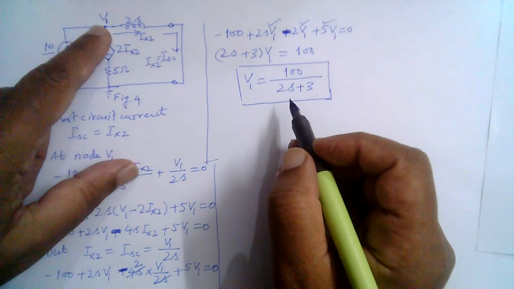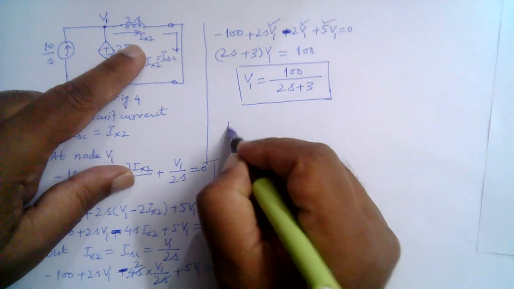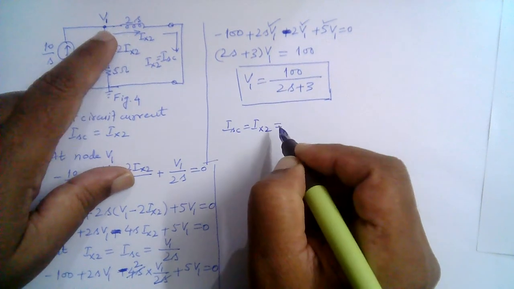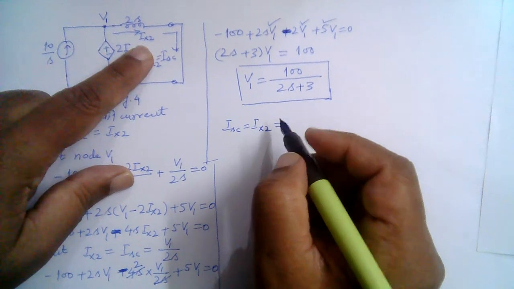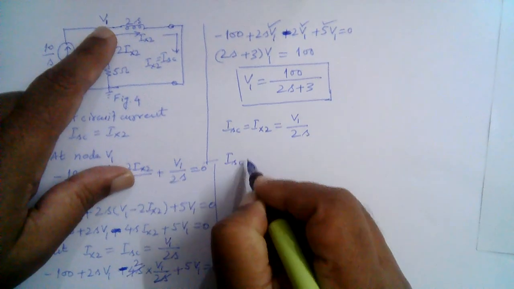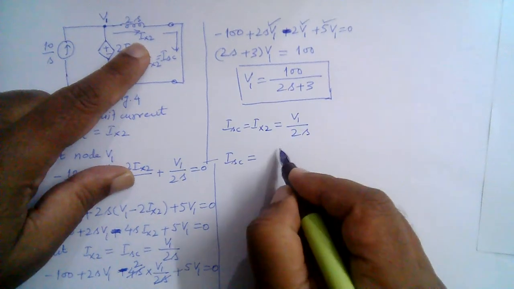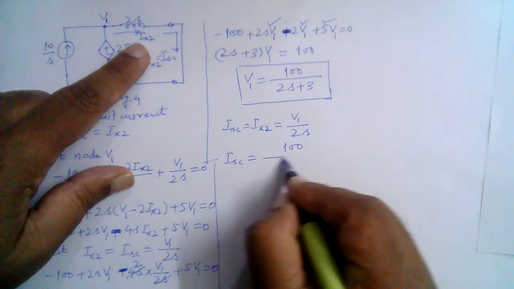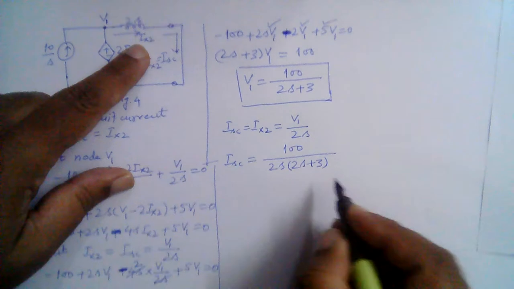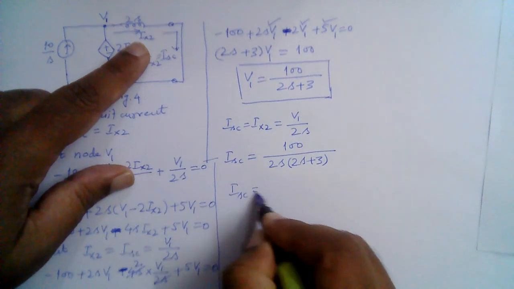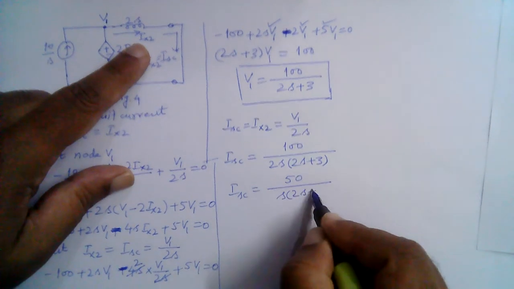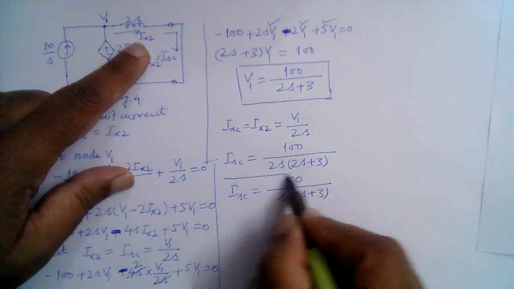So we have found V1, so the short circuit current ISC, which is equal to Ix2, is equal to V1 divided by 2S. So the short circuit current is equal to V1, which is 100, divided by 2S into 2S plus 3. So the short circuit current is equal to 50 divided by S into 2S plus 3. So this is the short circuit current.